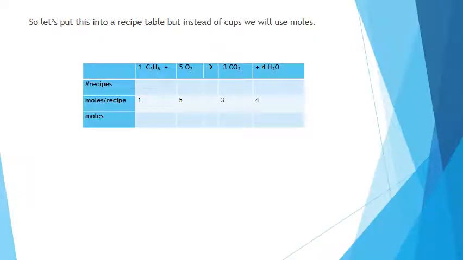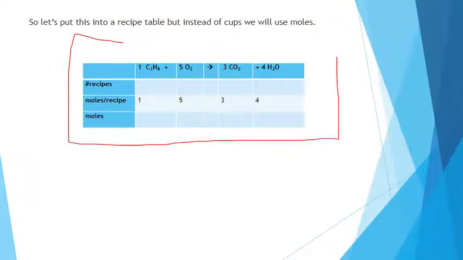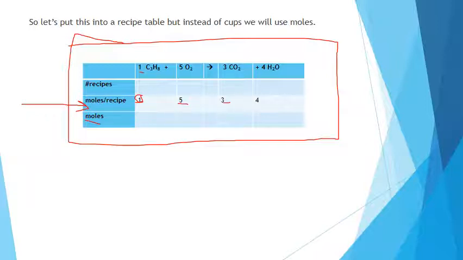Okay, so what I can do is write that equation as a recipe table, but instead of having cups, I have moles. This again represents the coefficient as moles per recipe. We're going to do problems relating to this.